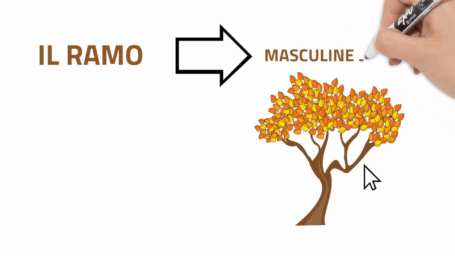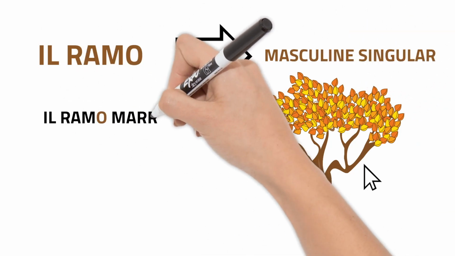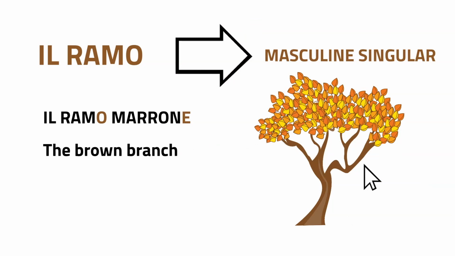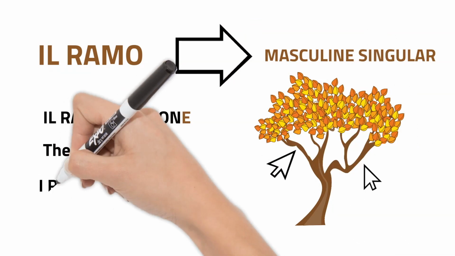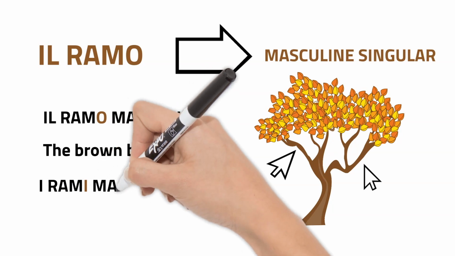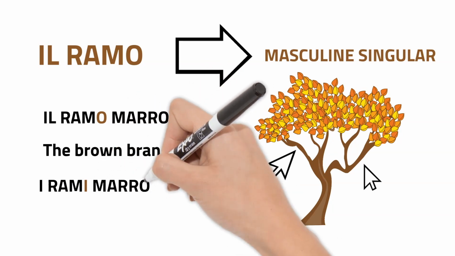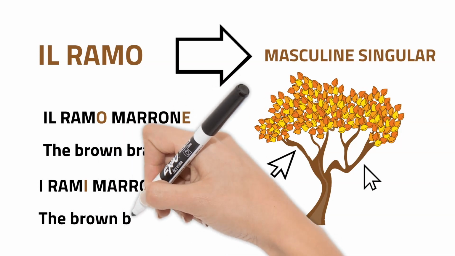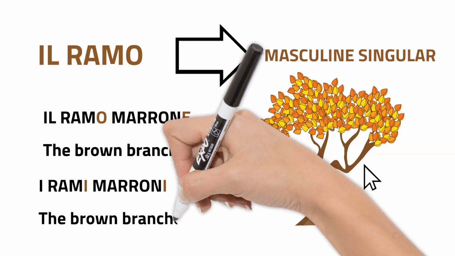It is masculine singular. So we say il ramo marrone, the brown branch. If it becomes plural though, and we want to say branches, we say i rami marroni. So marrone becomes marroni. If we had a feminine word instead of ramo, nothing would change for the color.